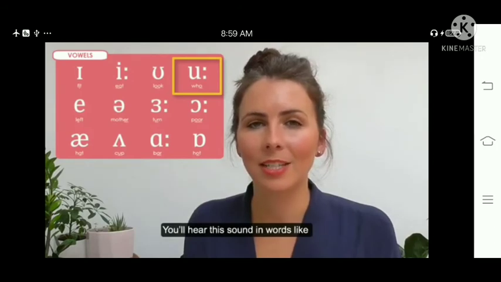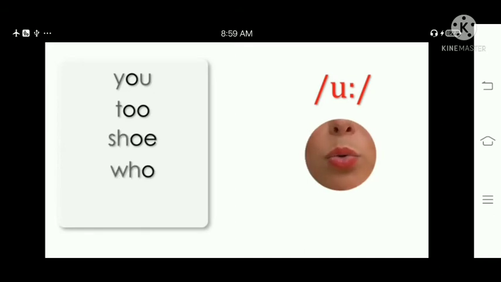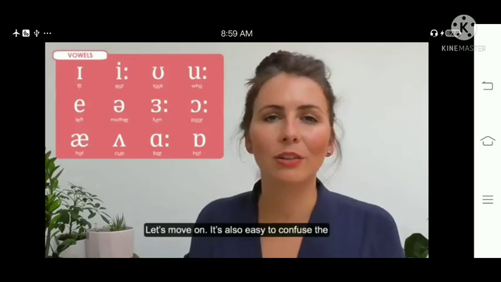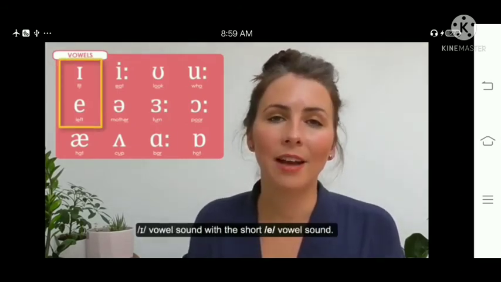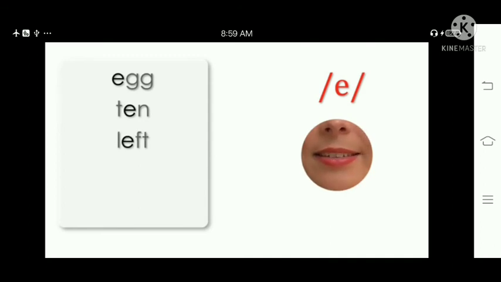You'll hear this sound in words like you, two, shoe, who, computer. Let's move on. It's also easy to confuse the I vowel sound with the short E vowel sound. E, egg, 10, left, excellent.